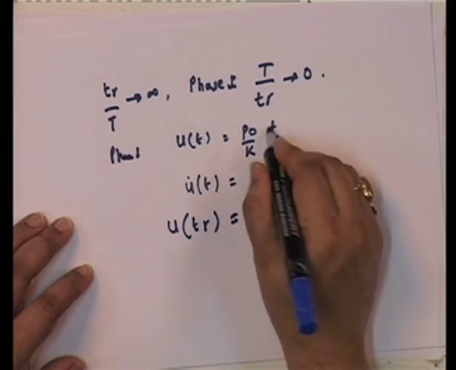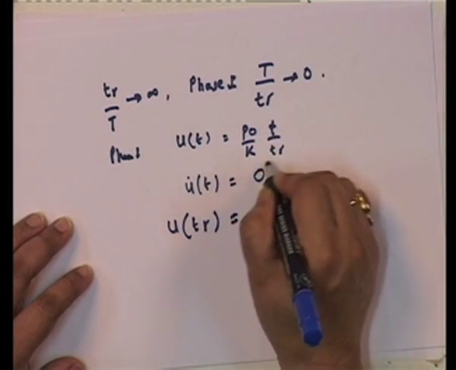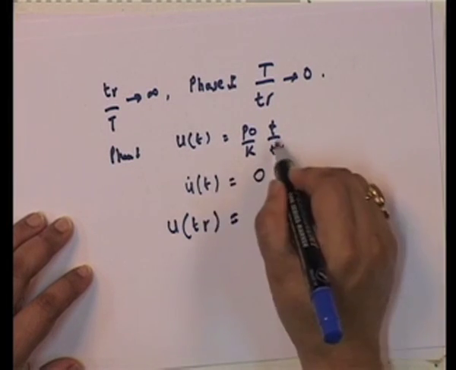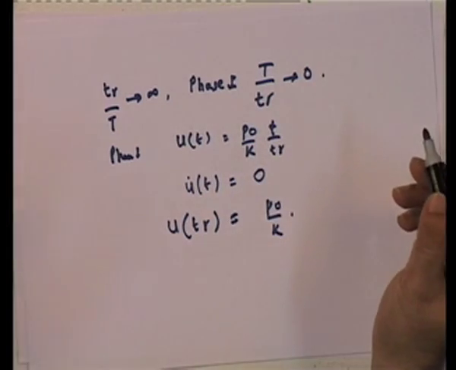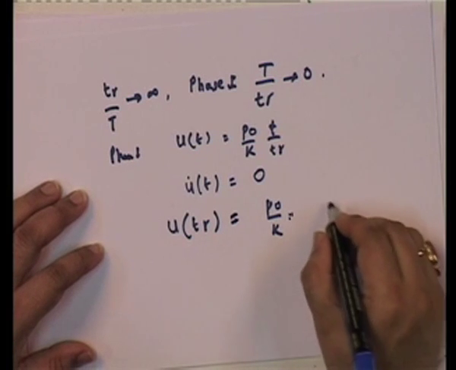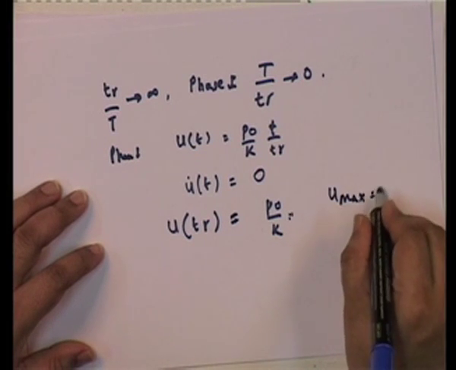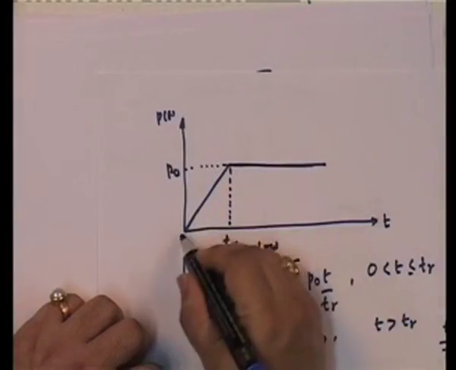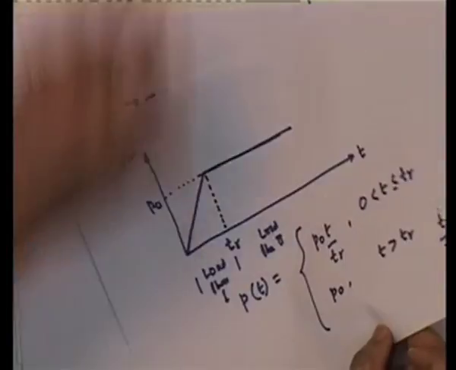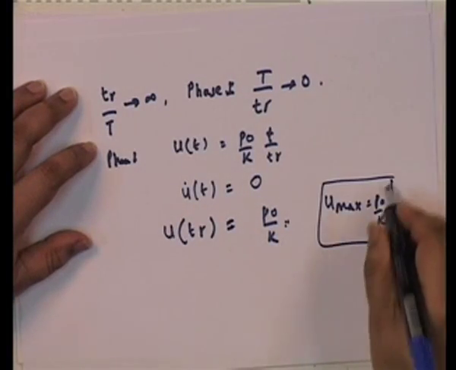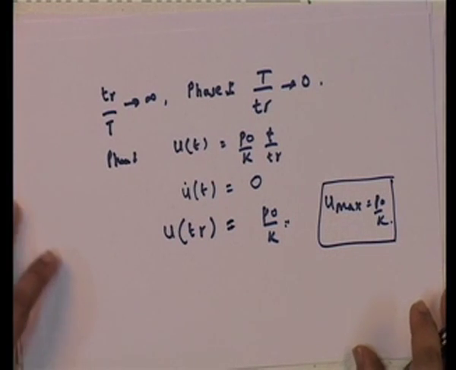So, if I look at the maximum, the maximum will be at t equal to t_r, because if I differentiate this, I get that this is equal to 0. Okay. So, this is the maximum. So, in other words, u max is equal to P naught upon k. What does that mean? That means that if the rise time is slow, for all practical purposes, u max is the static response. Okay.